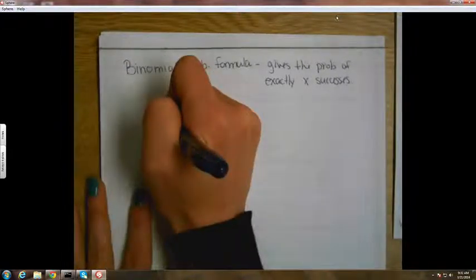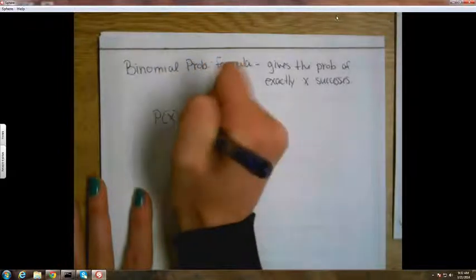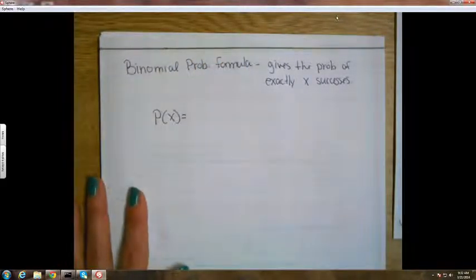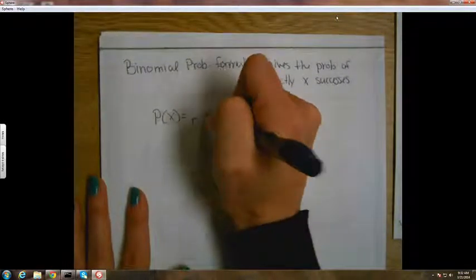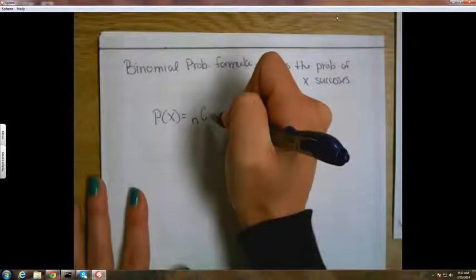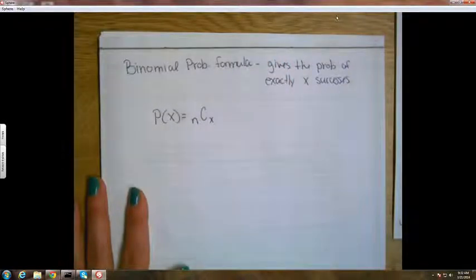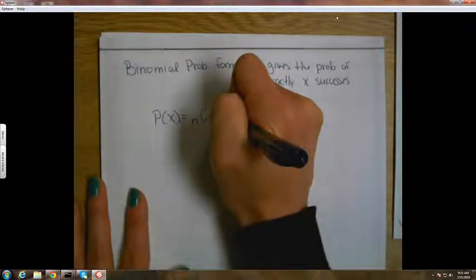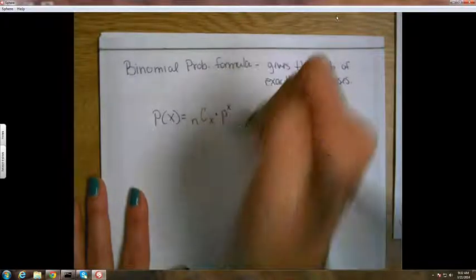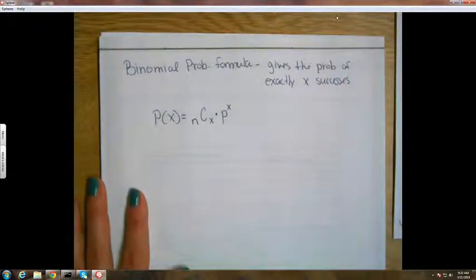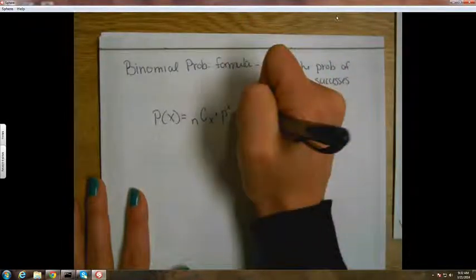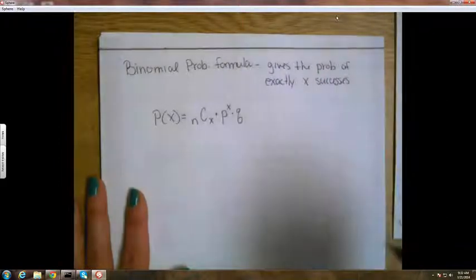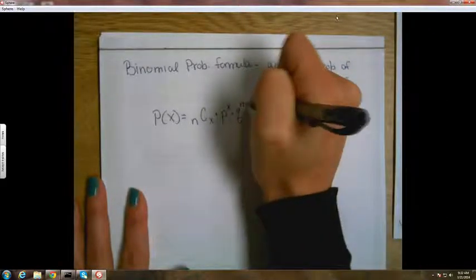So the probability of X successes is this nice little formula: N C X, N trials combined X at a time, multiply that by P to the X, and then multiply that by Q to the N minus X.